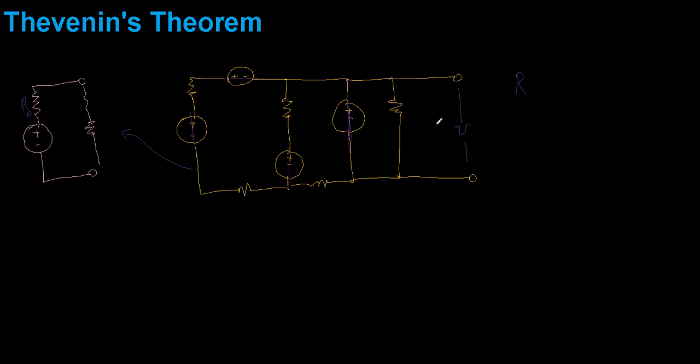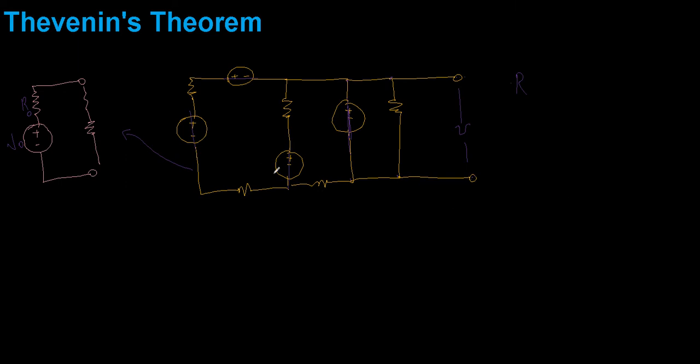Now the second thing you need to do is you have to find the voltage from this point to this point, the open circuit voltage. And that simply means if you have a practical circuit, you just take the multimeter and measure the voltage from this point to this point, and whatever that voltage is, that is going to be this voltage here, and this is V0.